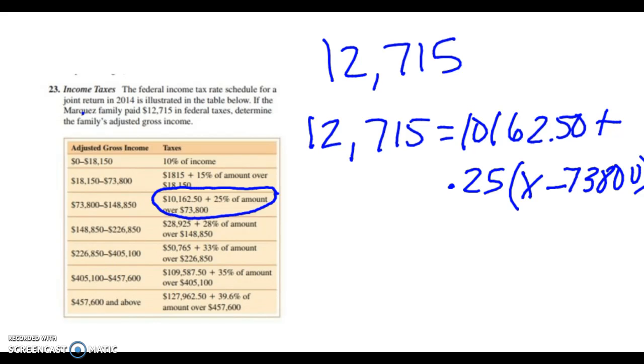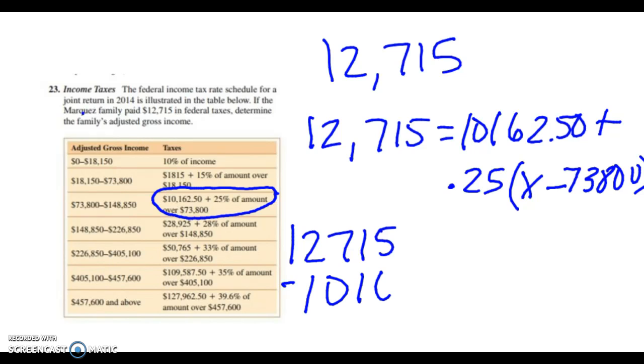And this is the algebraic equation that we could use to solve this. All right? And if we were going to solve this algebraically, we would take the $12,715 and subtract from it the $10,162.50.